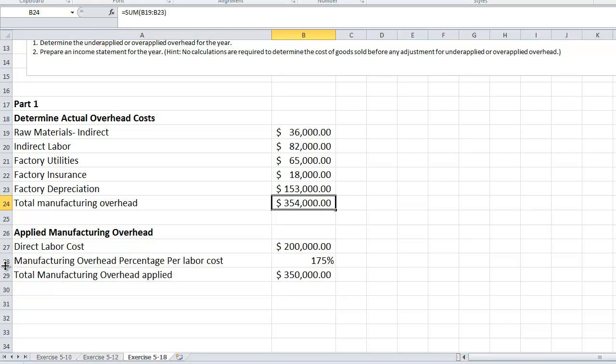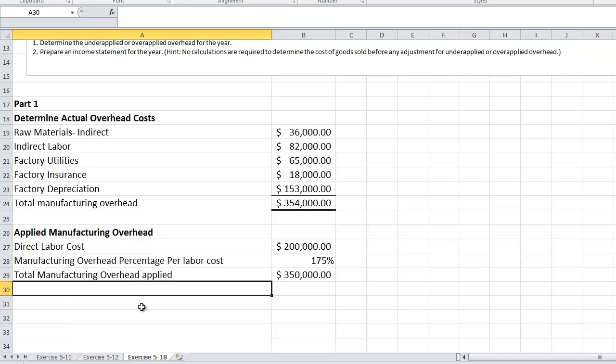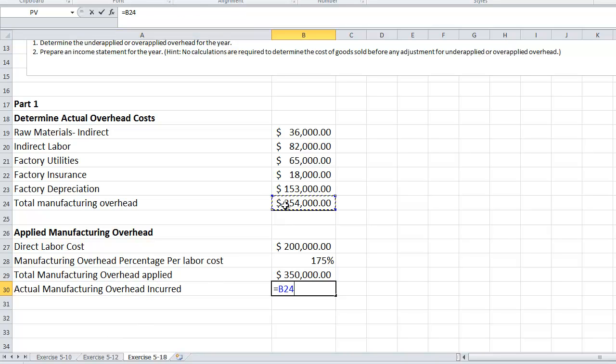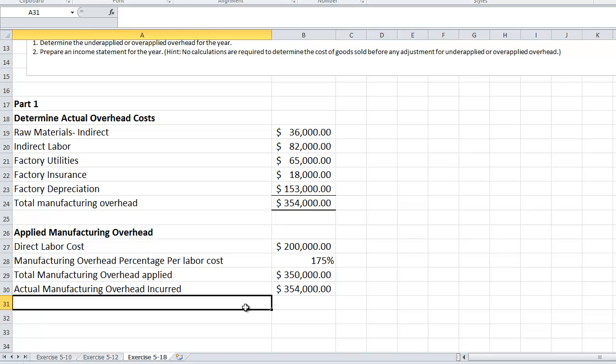Our actual was 354,000. So, actual manufacturing overhead incurred. Our under applied is negative and our over applied is positive.